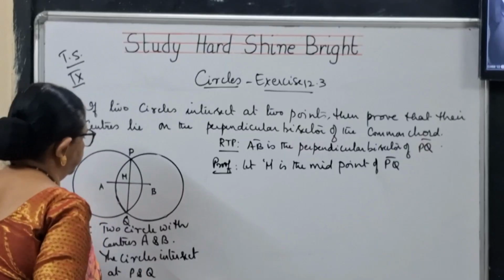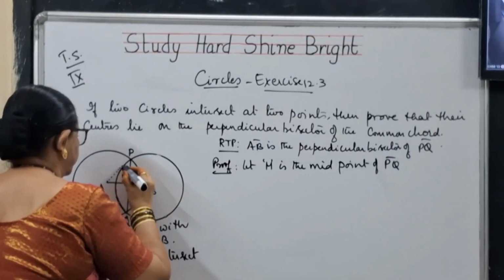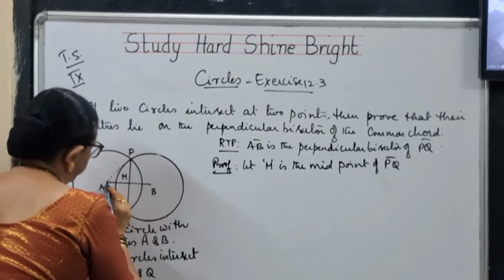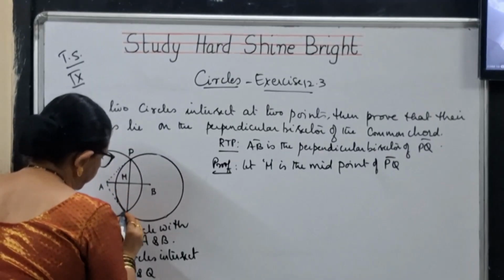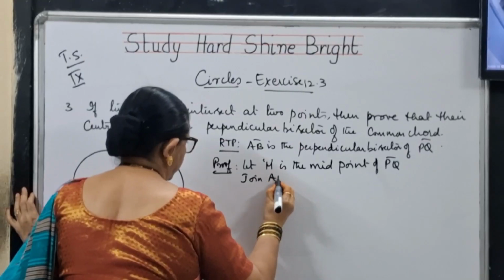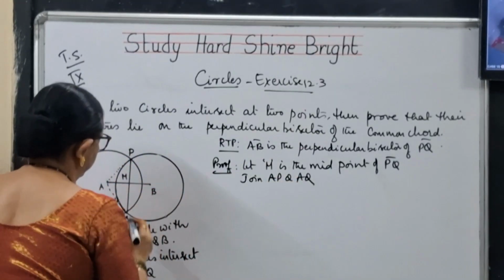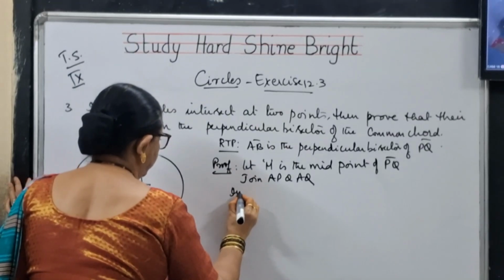If M is the midpoint of PQ, we have to join AP and AQ.